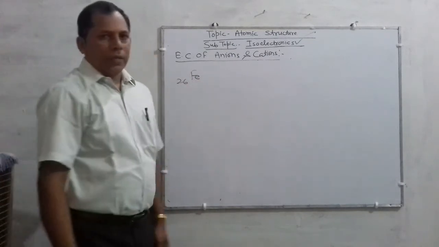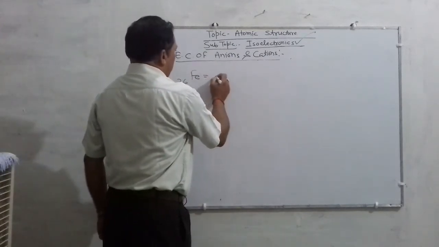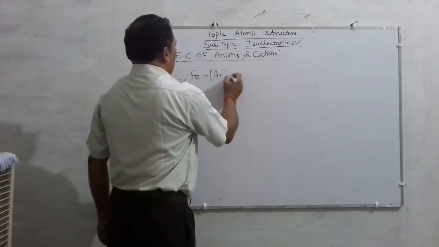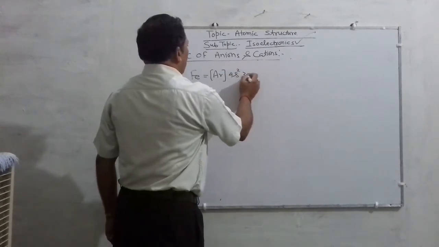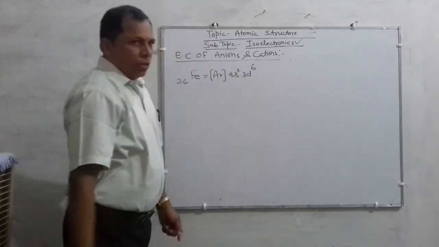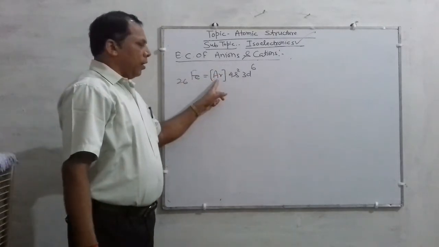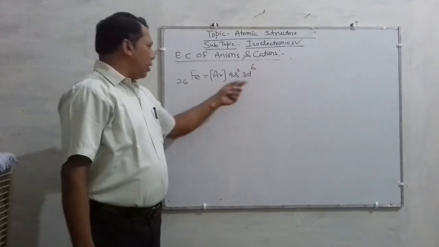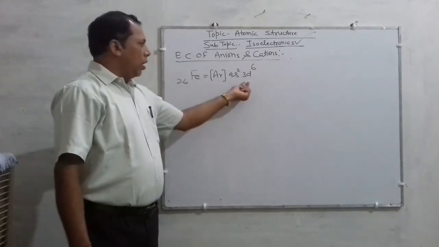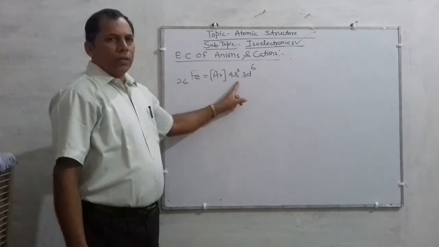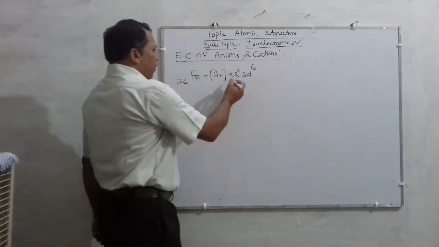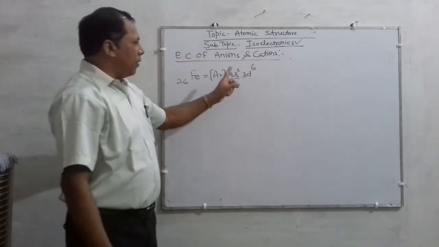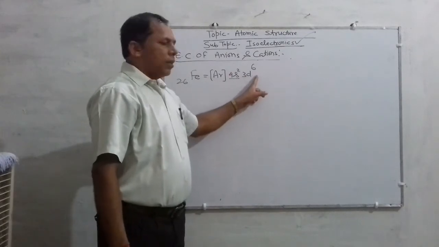Iron, you know, is 26, and its configuration can be written as 18Ar, 4s2 3d6. Am I right? This is 18, these 2 electrons make 20 and 6 electrons make 26. This is iron, and that is in accordance with the Aufbau principle, because first of all the energy of 4s is less than 3d. So first 4s will fill up, then electrons go in 3d6.